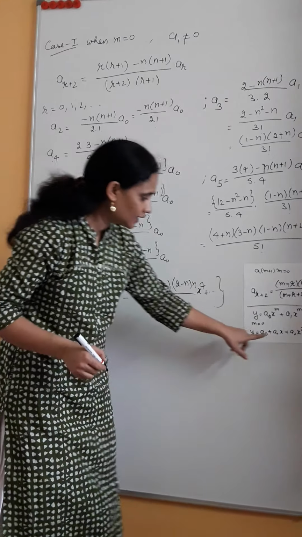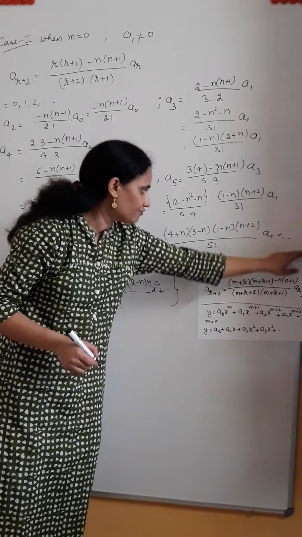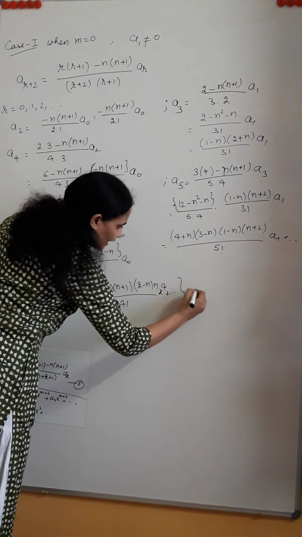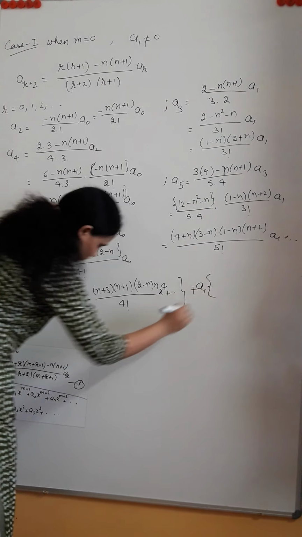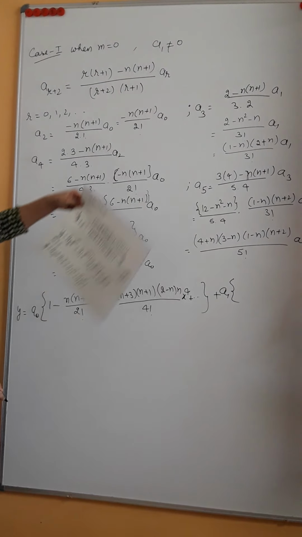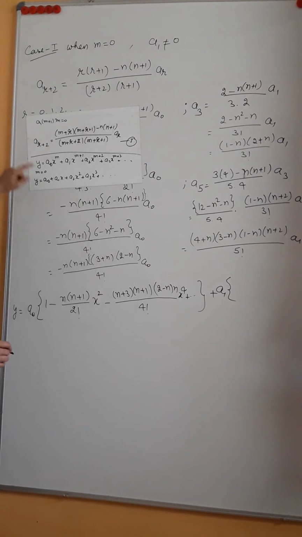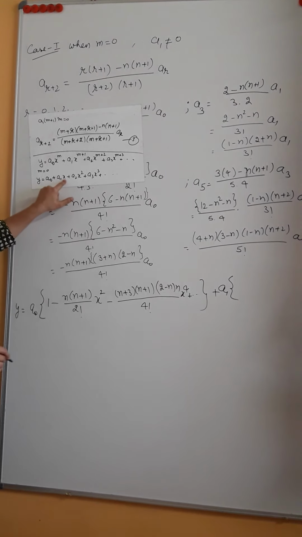Now which are the terms left? a1, a3, a5. So let's write those terms also. When we take a1 common, what would be the first term? Shall I put it here? Because a2, a4 we have already done. So when I am taking a1 common, this is the first term, a1 x, so what is left? x.